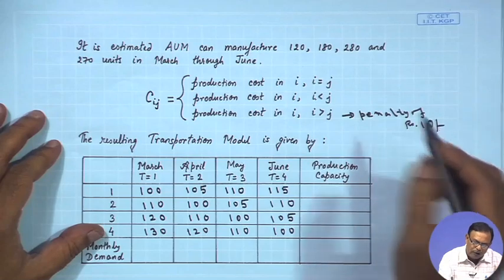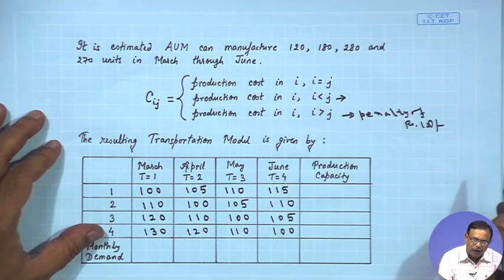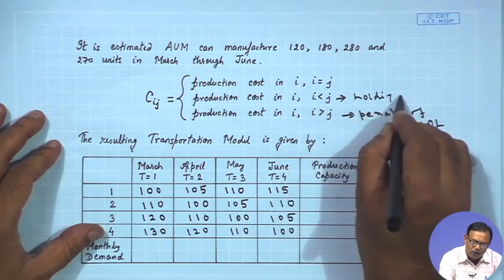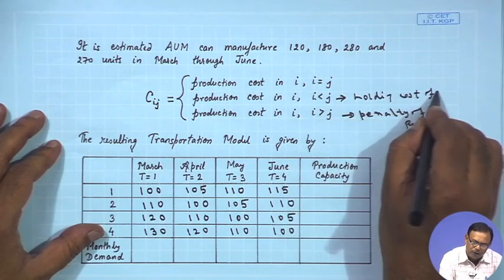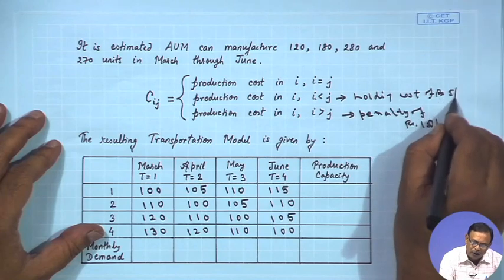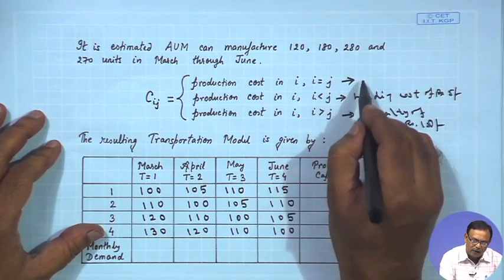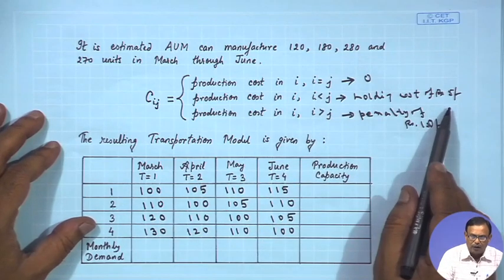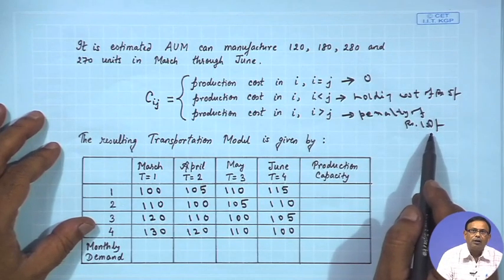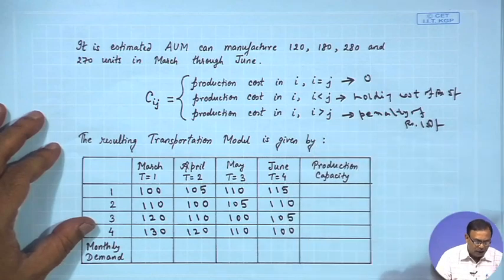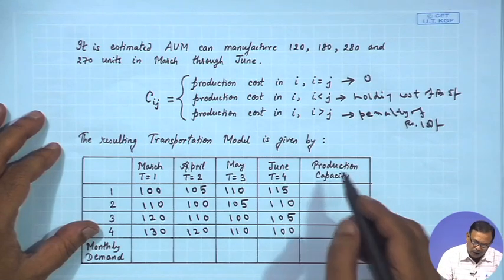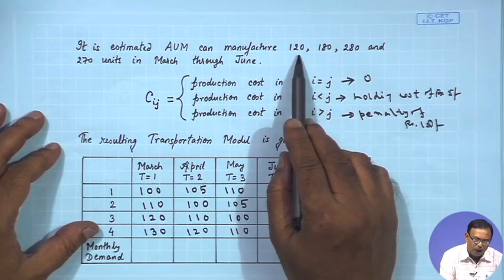And whenever i is less than j, in that case you are giving an additional holding cost of rupees 5. For i equals j, it is 0 additional. So, depending upon i less than j, you are adding 5, or you are adding 10 whenever i is greater than j.